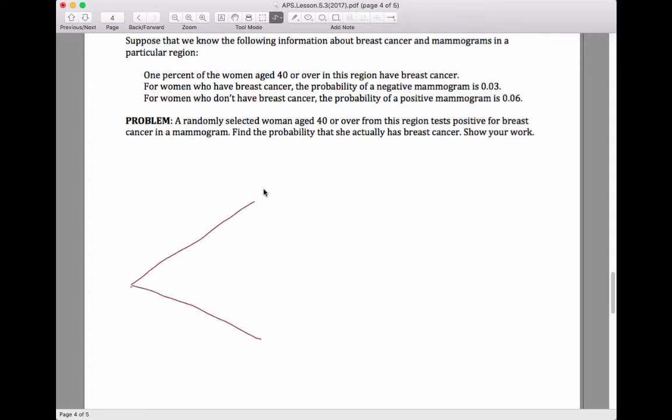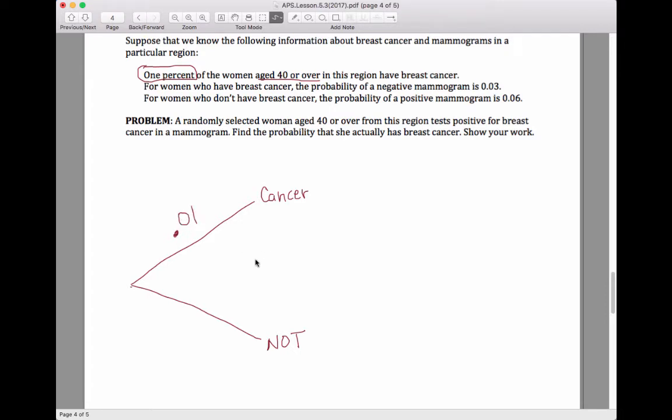And so we'll put one branch that would stand for does have cancer, and the other branch would be does not have cancer. Because that's one of the first things that they said. One of the first things that they said is that 1% of women age 40 or over, that is a certain part of the population, has breast cancer. So that's a pretty small probability, and that's what makes this have a surprise at the end.